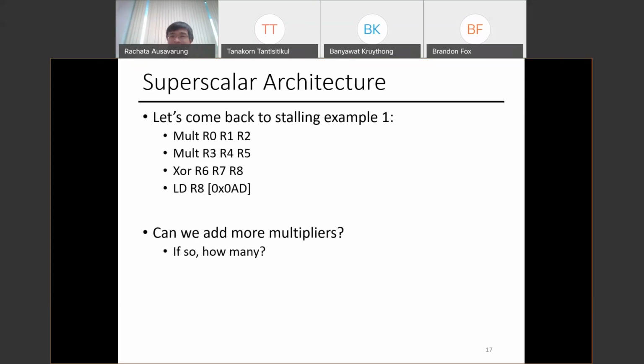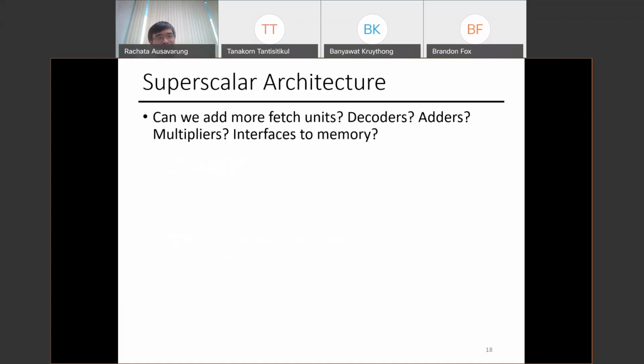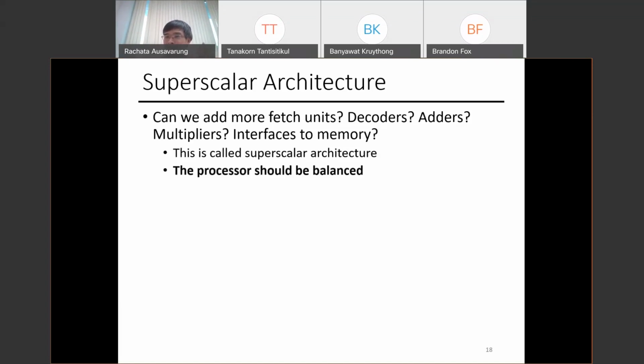Yes, exactly, right? You then do the two multiplies in parallel. So the question behind this whole setup is, what if I add more fetch units, more decoders, more adders, more multipliers, or more interfaces to the main memory? This is called superscalar architecture. The only key thing is don't do what we said earlier, buy four washing machines and only one dryer.